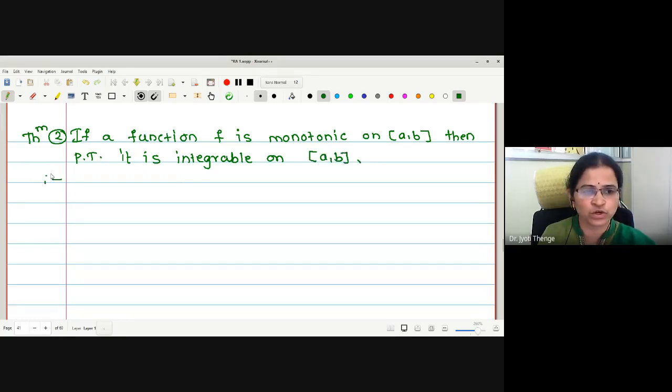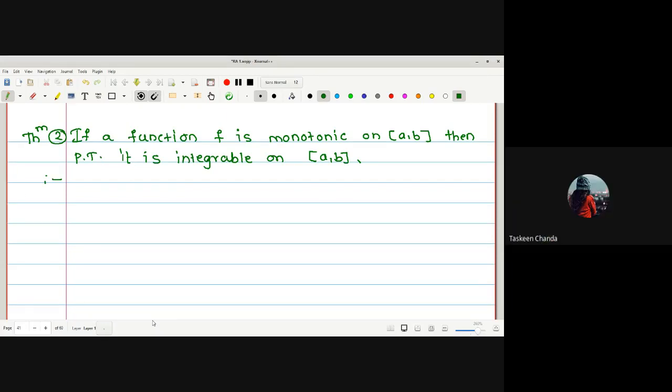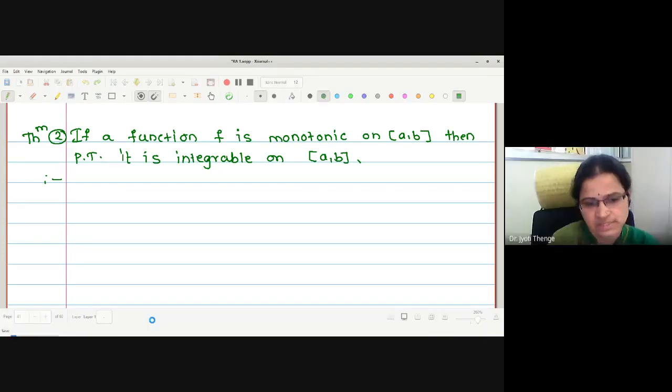Yes, from student side, what is a monotonic function? Either increasing or decreasing. Yes, this is monotonically increasing or monotonically decreasing.